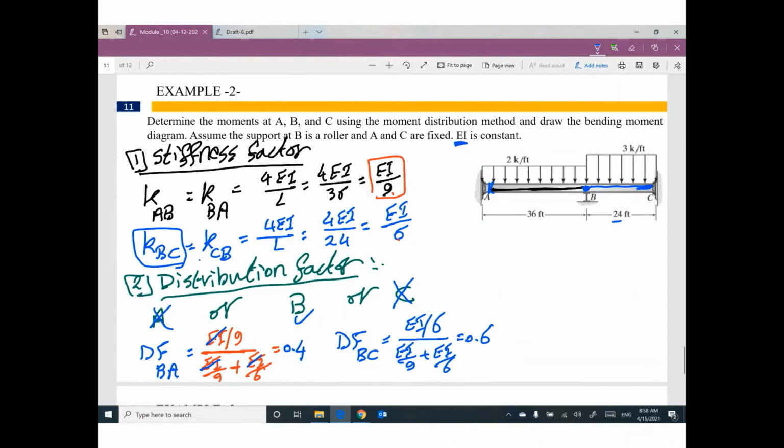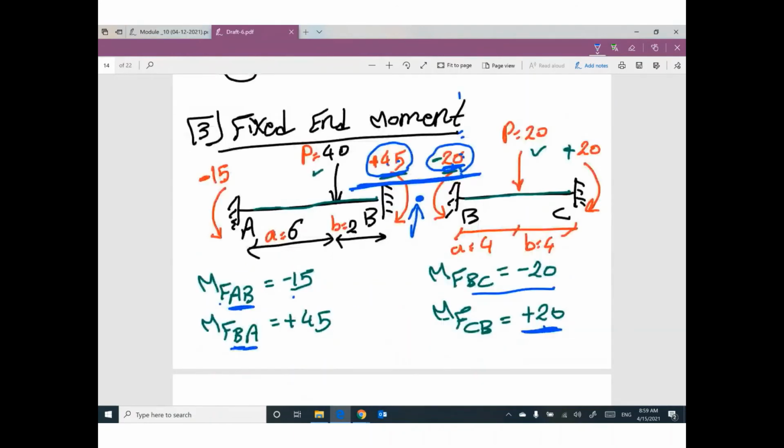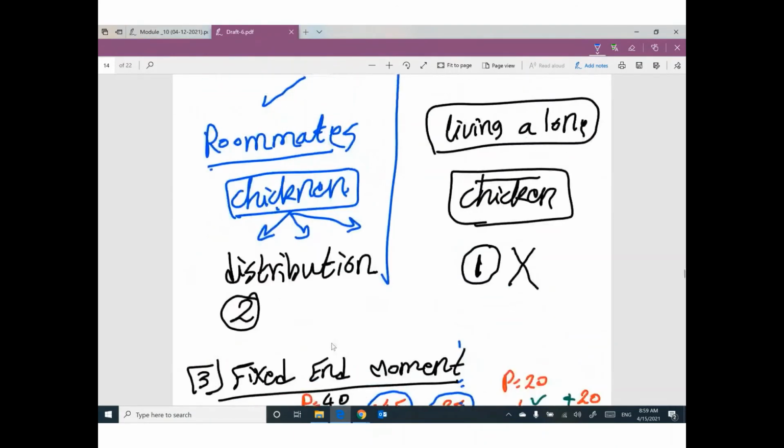By the way, to make sure you are on the right track, make sure that the distribution factor for BA plus distribution factor for BC must equal 1. The whole chicken. Guys, if we have two students or two people eating a chicken, so the part for the first person plus the part of the second person equals the whole chicken.